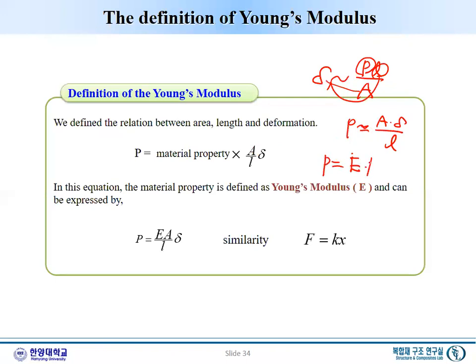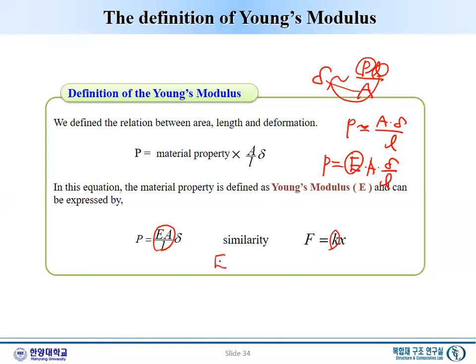So E, A, delta, L. So here comes the Young's modulus. In other words, P equals EA over L times delta, which is very similar to force equals K times delta, where K is a spring constant. So in a bar, the spring constant will be EA over L.